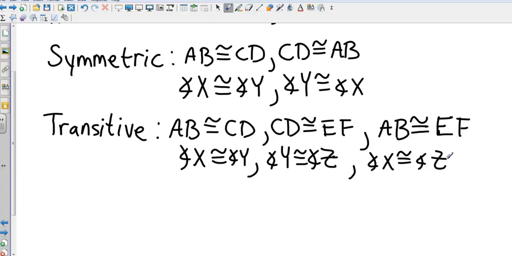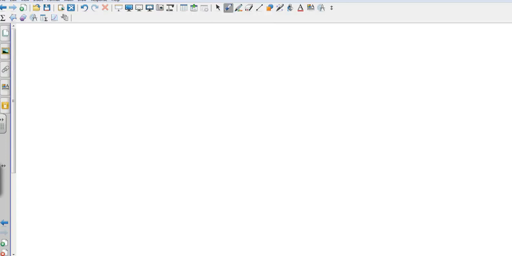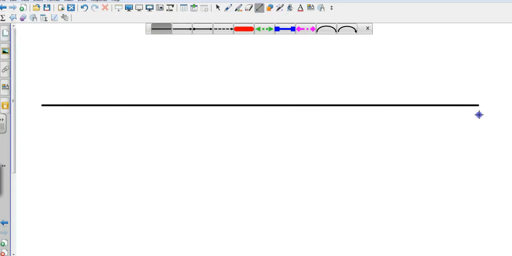What we're going to focus on is what's called the two-column proof. And it's basically going to look like a big T-chart. That's how we're going to start every proof, by creating a T-chart.